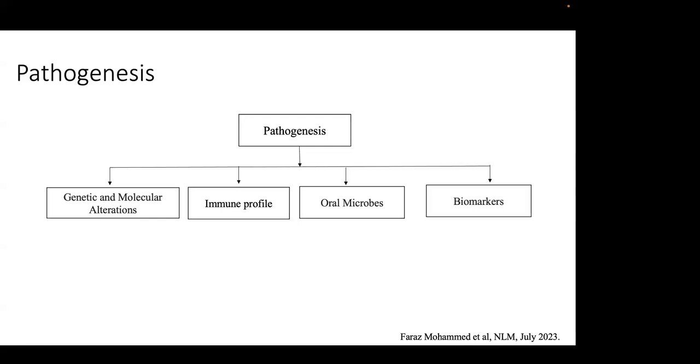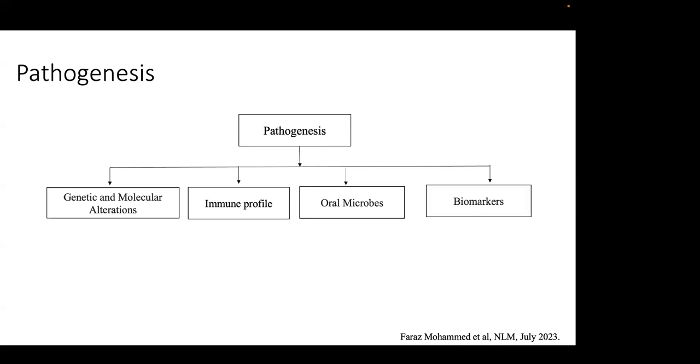There's an immune profile. There's an increased expression of HLA, interleukin 10 and transforming growth factor. Further, there can also be an increased expression of programmed death ligand 1. These have been seen to be associated with oral leukoplakia, contributing to the degree of epithelial dysplasia seen individually.